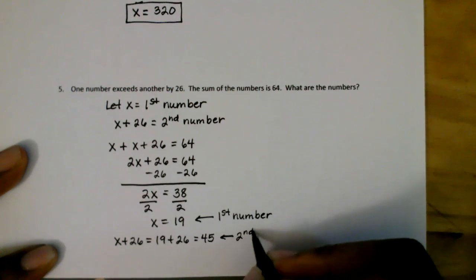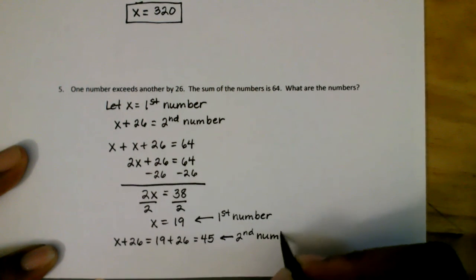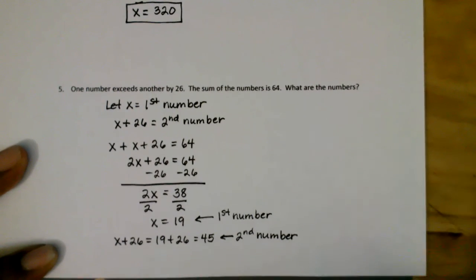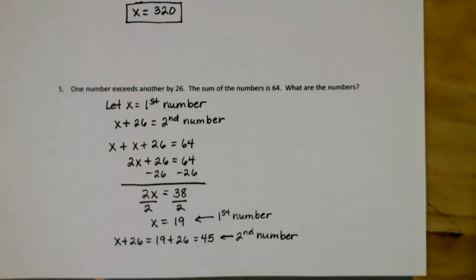So that means the second number is 45. And if I add the two numbers together, 19 and 45 together, that sum does give me 64. Okay. So the two numbers are 19 and 45.